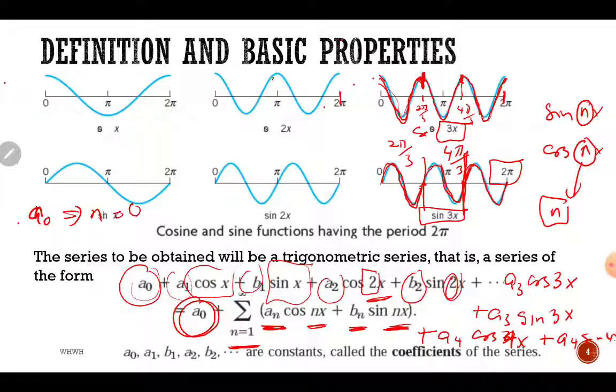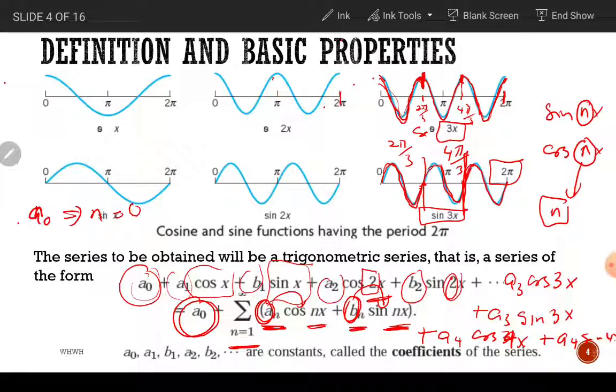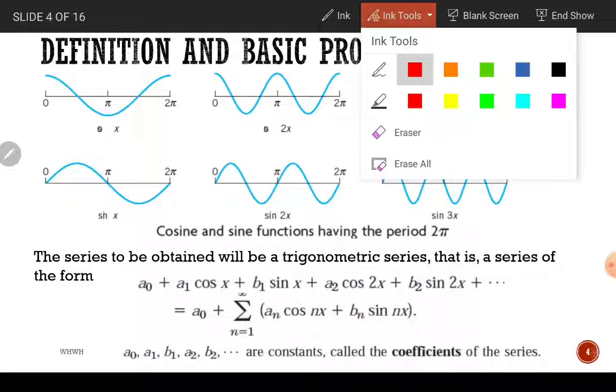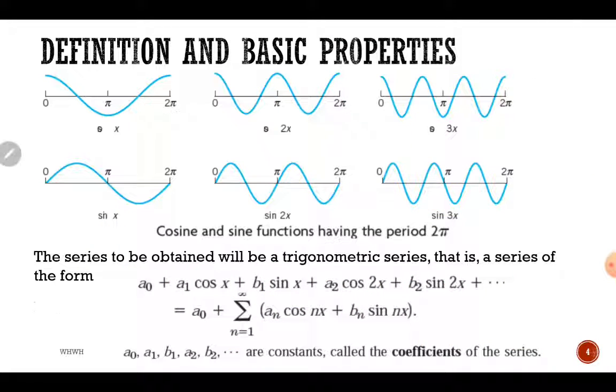Kita fahamkan a ni adalah perkali untuk cos and b ni adalah perkali untuk sin. Kenapa ada a0 je, b0 tak ada? It is because a0 is for n equals to 0. So we have cos nx. When n equals to 0, we're going to get cos 0, right? a0 cos 0. Cos 0 is equals to 1.